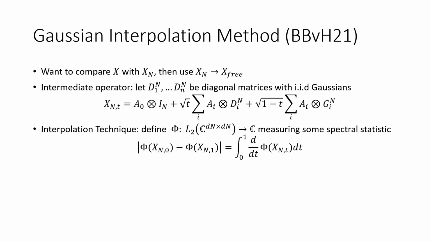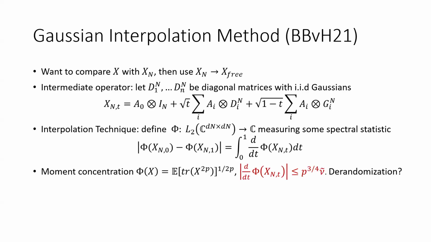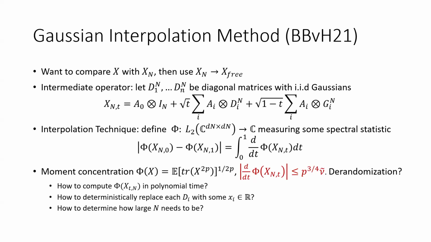One of them is Xn, which is the summation of the AIs tensored with the GIs, and the other one is many diagonal copies of X, which has the same spectral distribution as X. You just do a basic interpolation between these two quantities by taking some potential function, let's say the moments, and writing the difference between these two matrices as an integral of the derivative of this potential function. But this kind of approach is difficult to de-randomize for a variety of reasons. The main reason is that we don't know how to compute these potential functions in polynomial time.